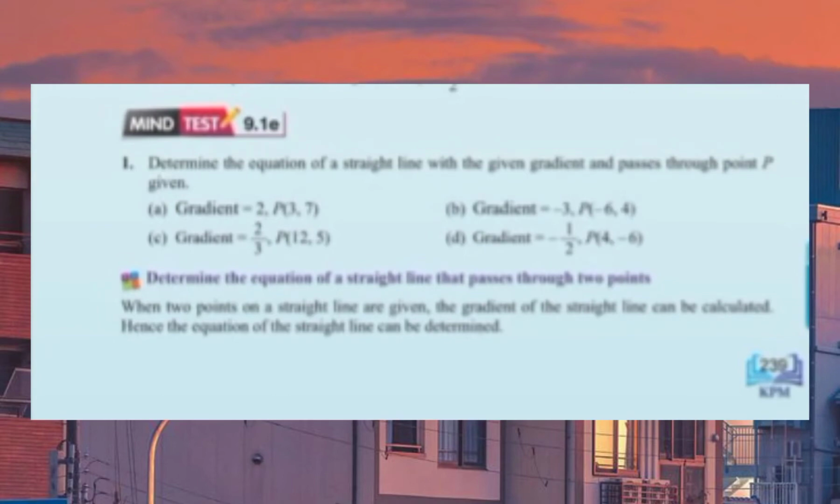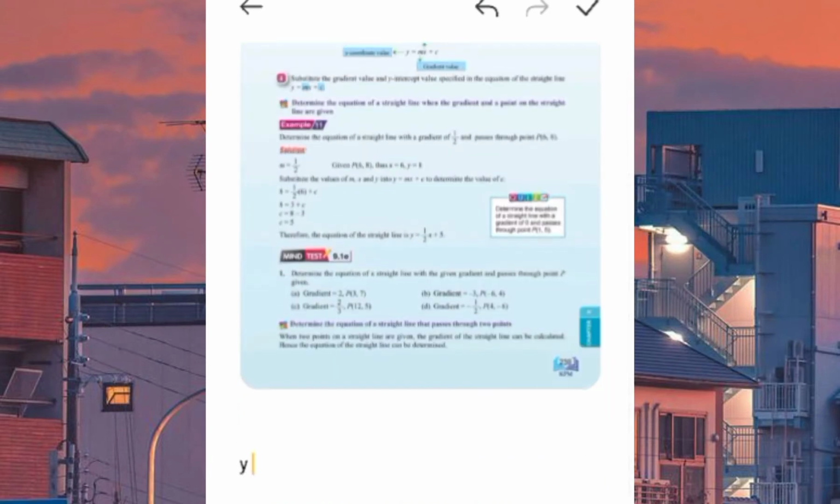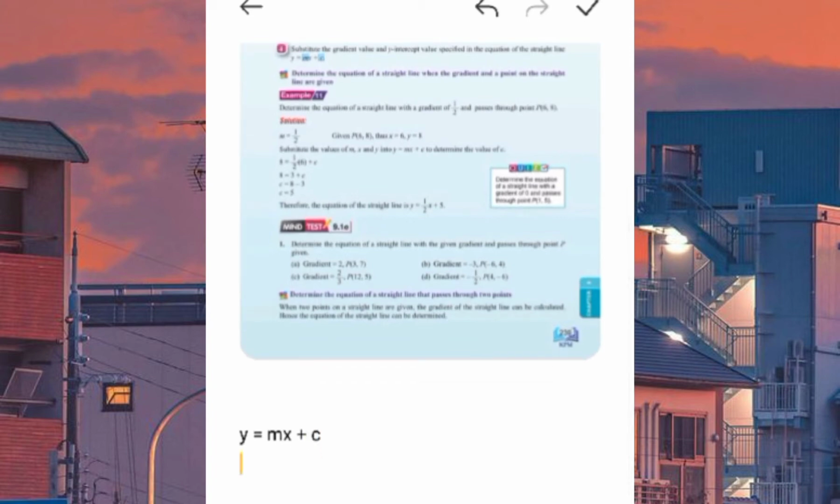Mind test 9.1e. Determine the equation of a straight line with the given gradient and passes through point P given. A. Gradient 2. Point P is (3, 7). Now let's answer the question. So write the formula y = mx + c. Then substitute the gradient and the points given.